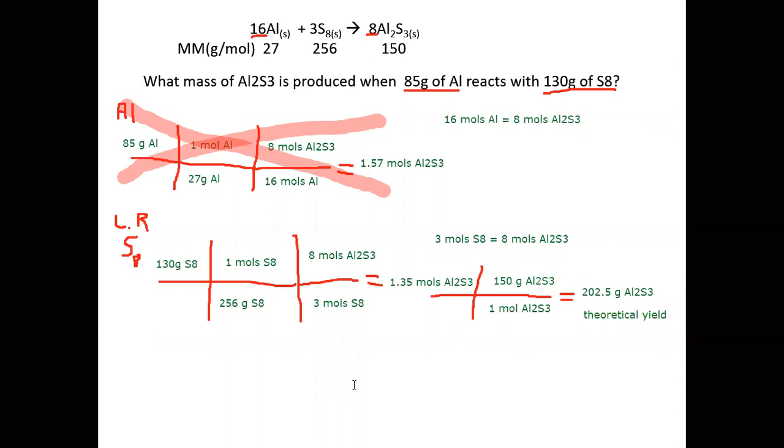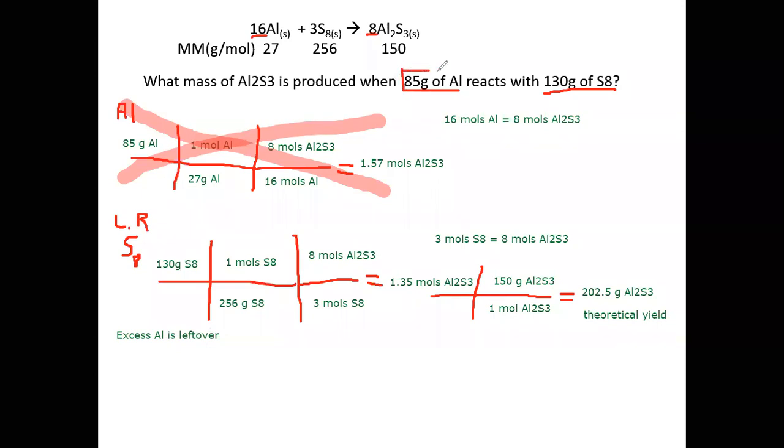Now, before we move on to the next problem, let me continue with this problem since someone had asked about excess reagent. Now let's calculate how much excess aluminum is left over. So initially, we started with 85 grams of aluminum.